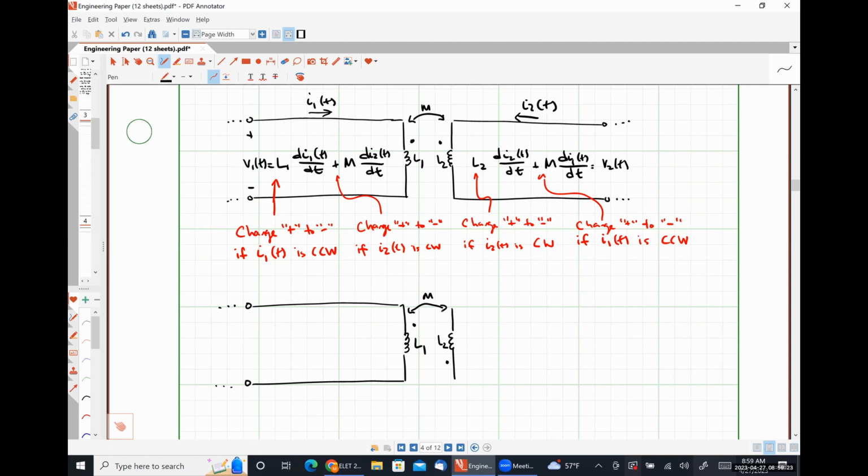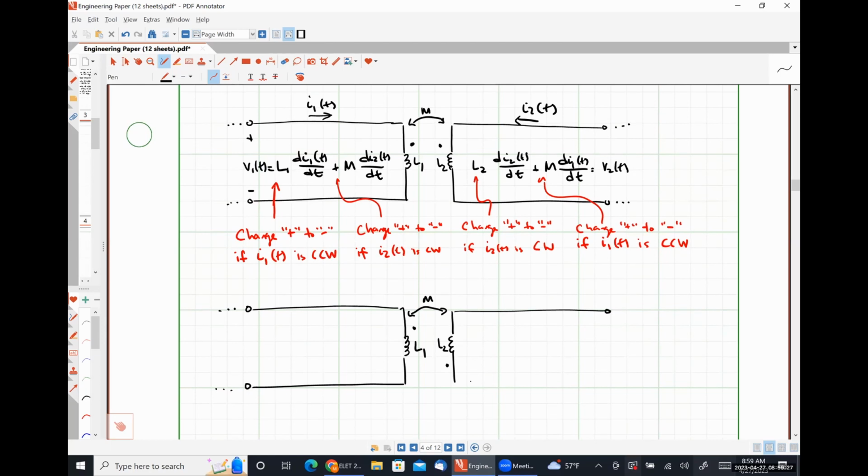So if our dots are on opposite sides, I will have V1 is equal to positive L1 di1 by dt minus M di2 by dt.